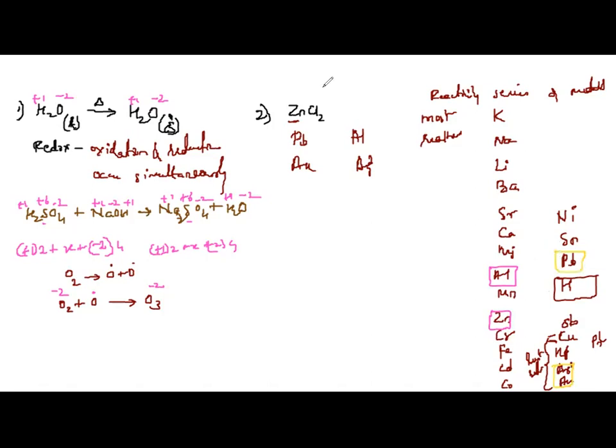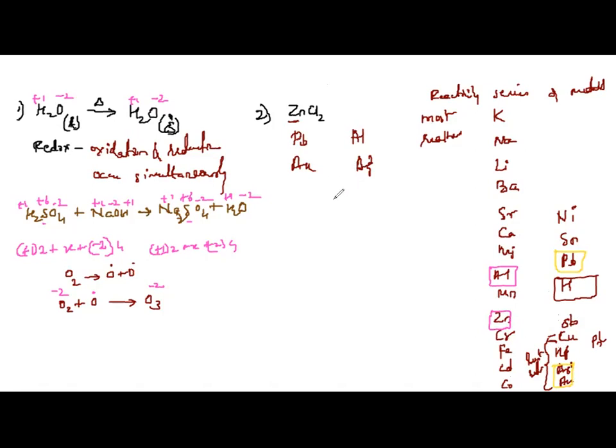Are you all understanding? So what does that mean? If you look at aluminium, only aluminium lies above zinc in the reactivity series. Rest all, lead, gold, silver, they all are present below the zinc element in the reactivity series.